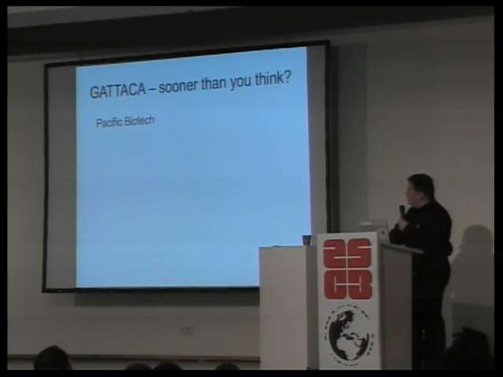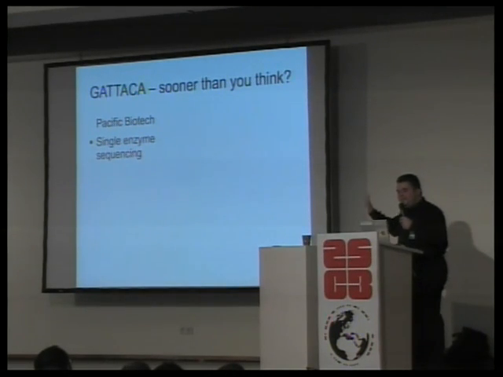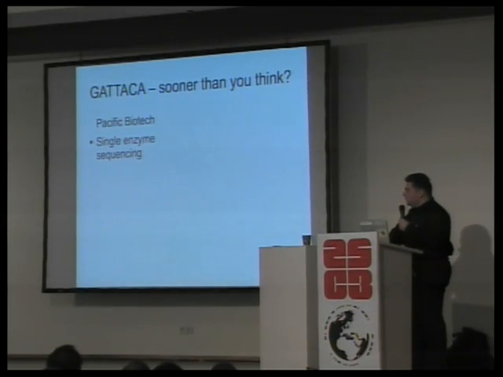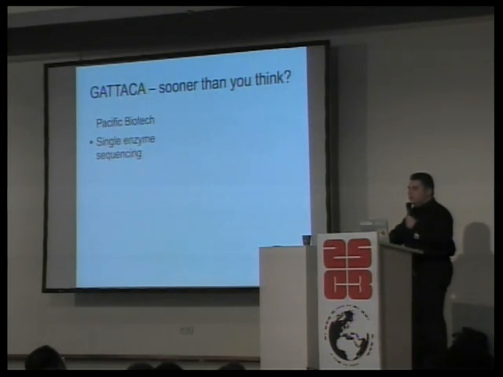So one of them is Pacific Biosciences. Just a note, I don't have shares of any of these companies. They do something called single enzyme sequencing. They use the enzyme that our bodies or many organisms use to duplicate their DNA. And they use it for sequencing, which means it's very accurate and very fast.